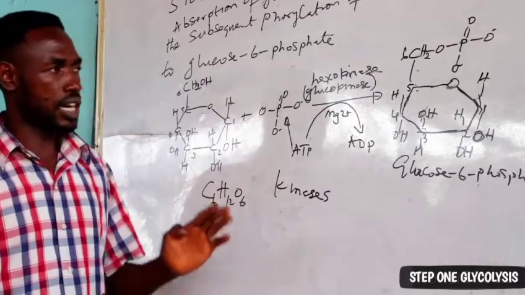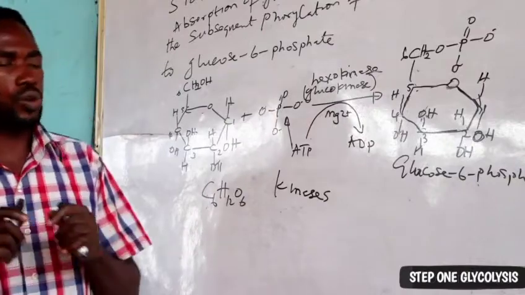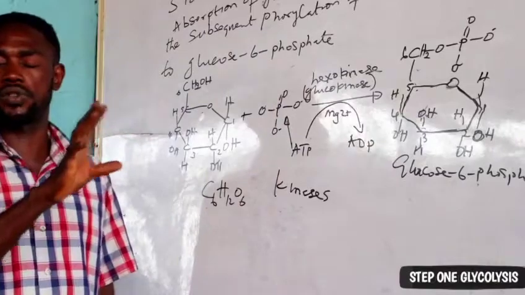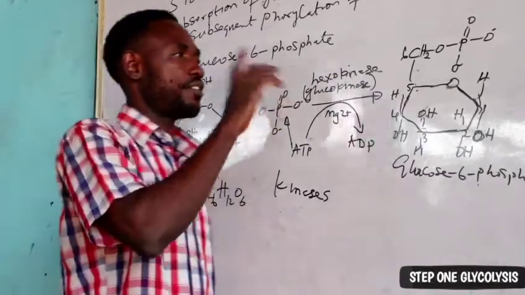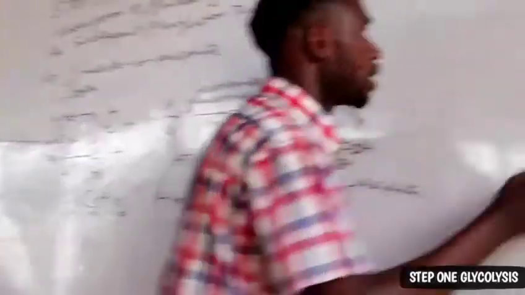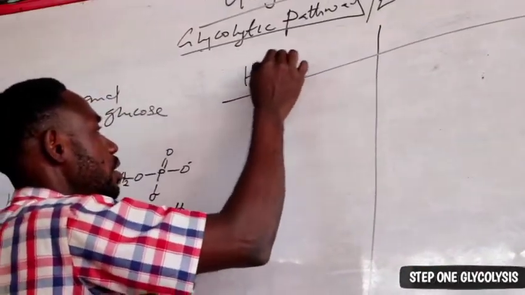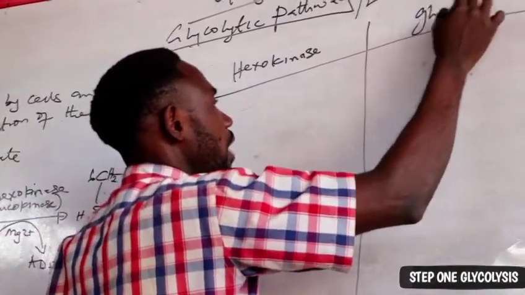Then, coming to the differences between hexokinase and glucokinase. If you come to our body, remember they are similar because their job is just to add phosphate to a group, and they are only adding to 6-carbon compounds. The first difference is that we have hexokinase, then we have glucokinase.